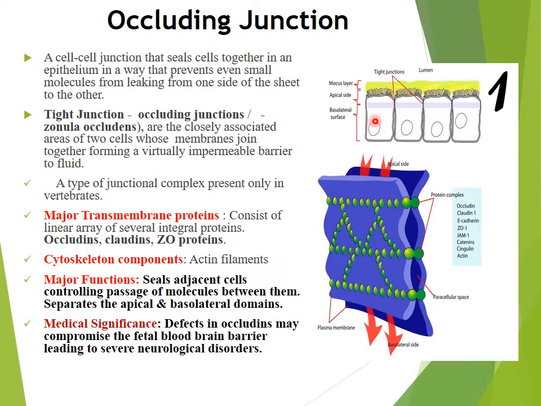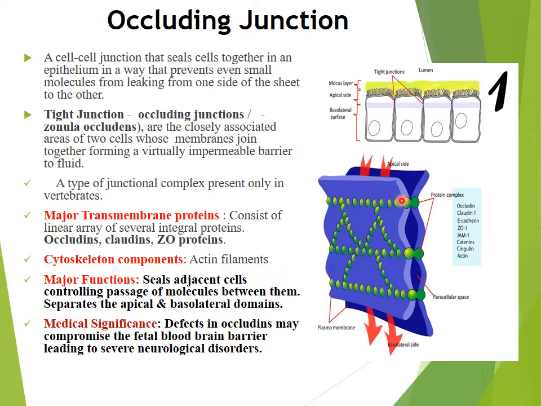So first, the occluding junction or tight junctions. Now in the diagram, you can see that there are two lateral surfaces which are bound together tightly. So in the occluding junctions, the cell junction seals the cells together in an epithelium in a way that prevents even small molecules from leaking from one side of the sheet to the other.